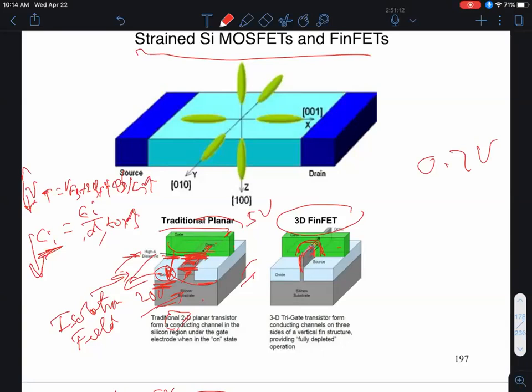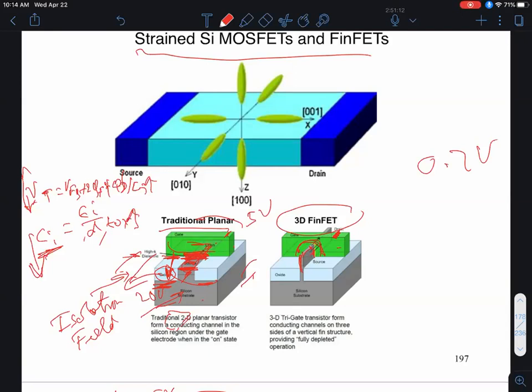Now, can anyone tell me what the transistor length and width is for the FinFET? Well, the length is clearly that dimension from the source to the drain, so that's the width of this gate electrode in this direction. But how about the width of the transistor? In a planar device, that was the width.